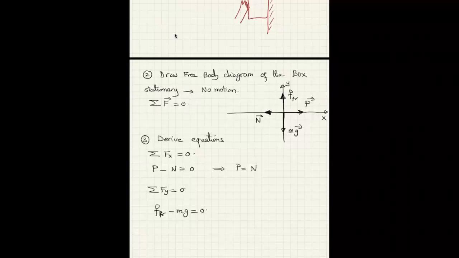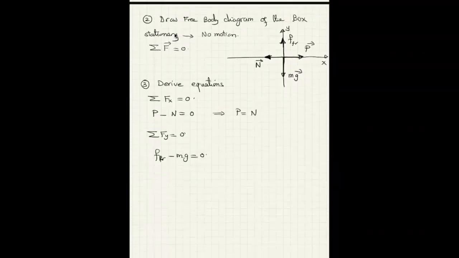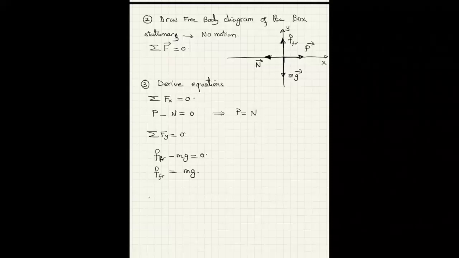Now, what I can say is that force of friction should equal mg. Now remember, force of friction, this is a static friction, mus times the normal equals mg. And the normal, we know from equation number 1, is equal to P here.